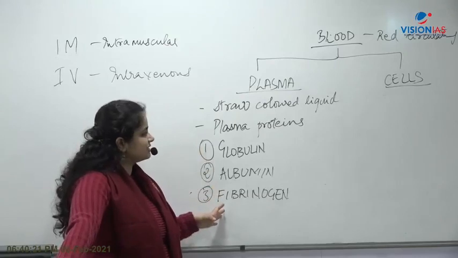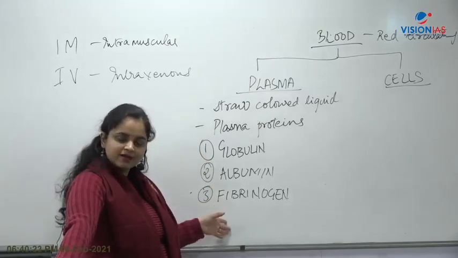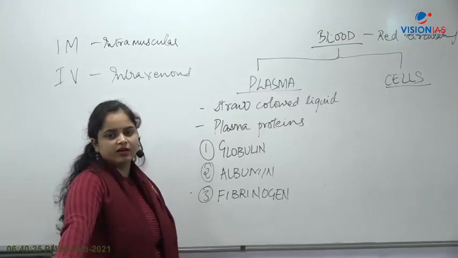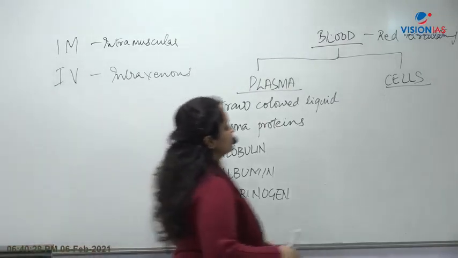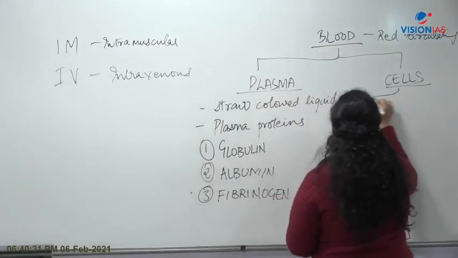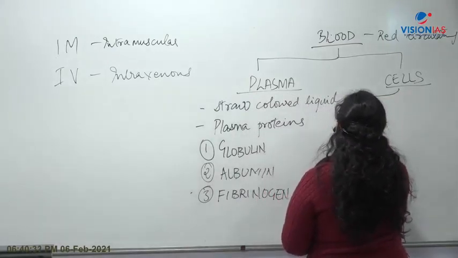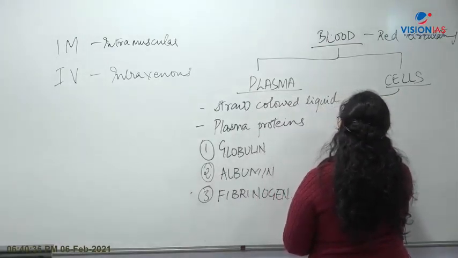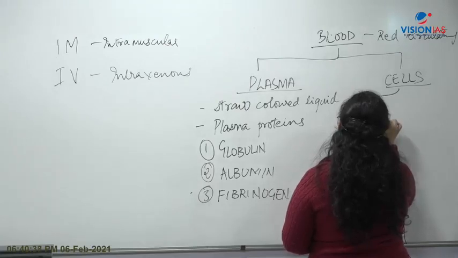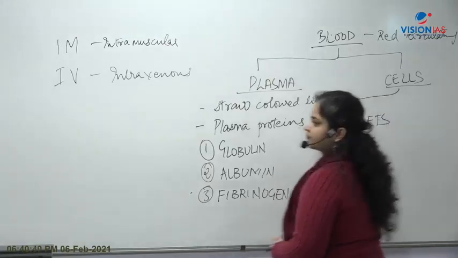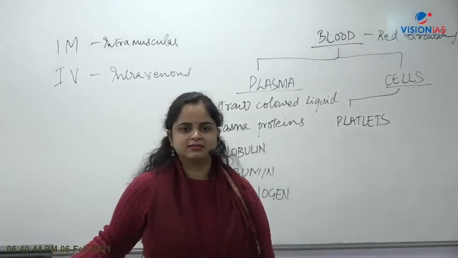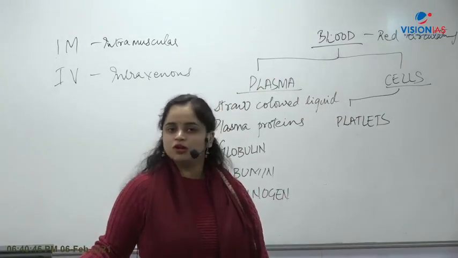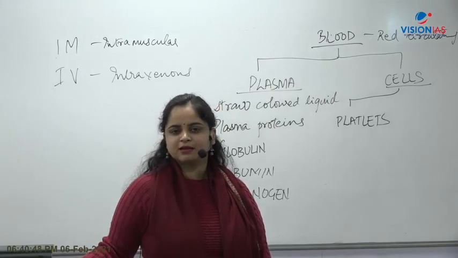So these are further the names of these plasma proteins and what they are doing in the body. Fine. Let's now talk about the cells. The first cells are platelets. First type of blood cells, platelets. They are the smallest of the type.